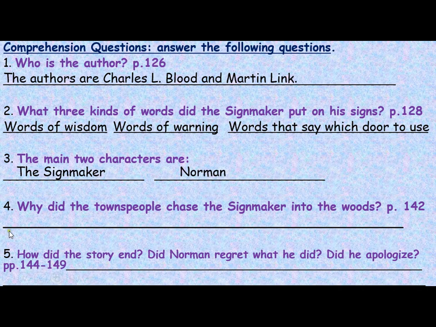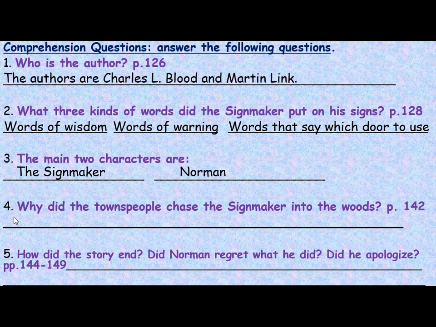Alright. 4. Why did the townspeople chase the sign maker into the woods? Do you remember when there were false signs in the town and people were tricked? Like stop, ants are crossing the road. Eat your hat. Also by Norman a present.